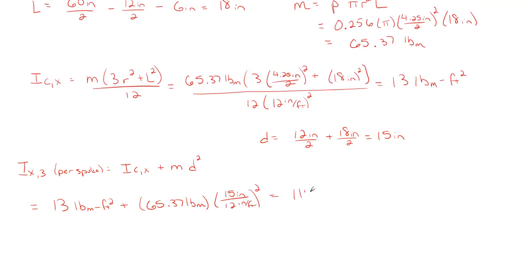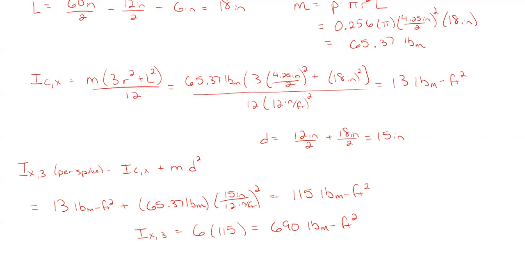And that gives me a total of 115 pound mass feet squared. So that's per spoke. My total for all the spokes would just be 6 times this. So 6 times 115 gives me 690 pound mass feet squared.